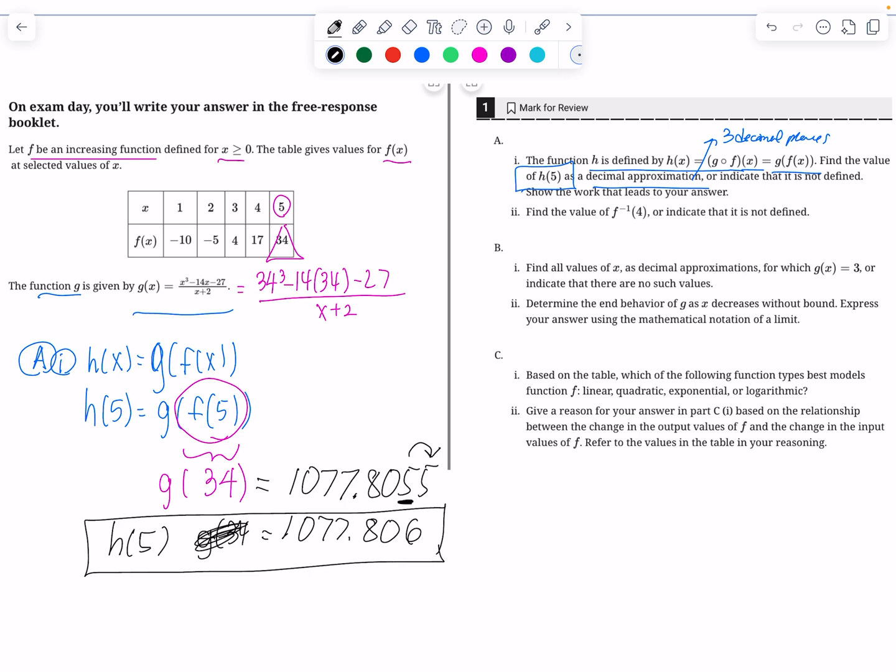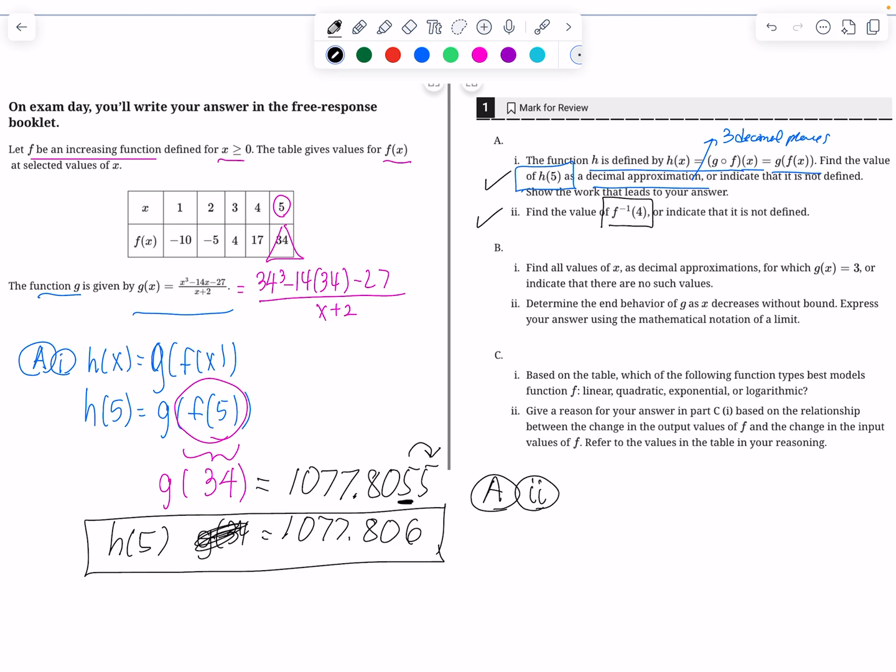All right, so now let's look at Roman numeral 2. So now we're going to look at A, Roman numeral 2. It says find the value of f inverse of 4, or indicate that it is not defined.